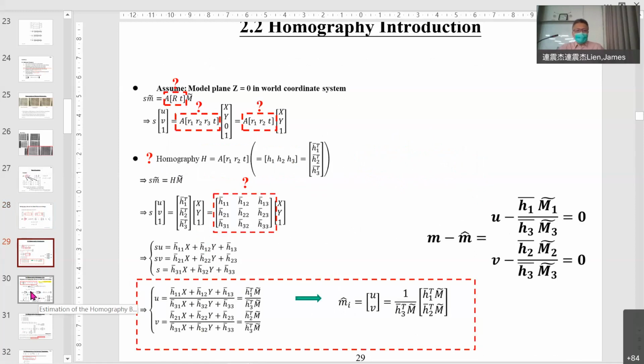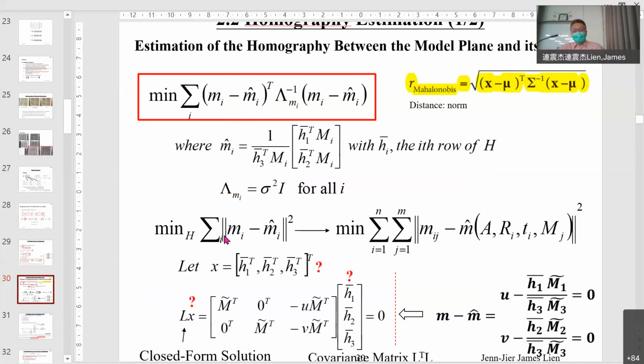And we solve this one using this equation: the summation of the square of the difference. But I told you this equation is from this equation.